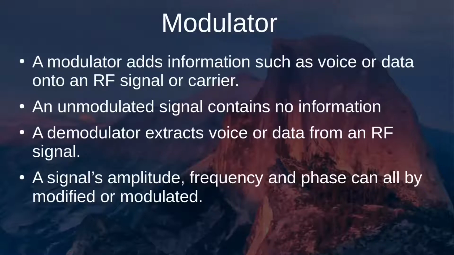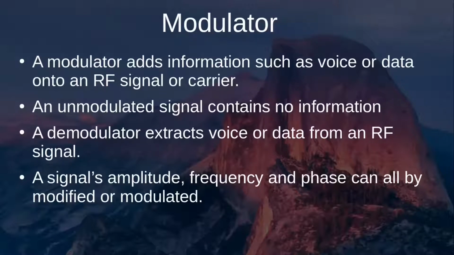So modulation adds information onto an RF signal, and demodulation decodes that information from that RF signal in the receiver. An unmodulated signal, as we learned before, just the base carrier signal, contains no information whatsoever. A signal's amplitude, frequency, and phase can all be modified or modulated to produce a data or voice RF signal.